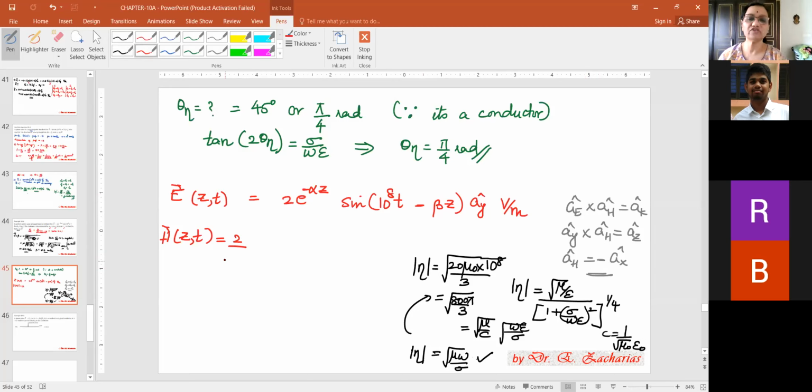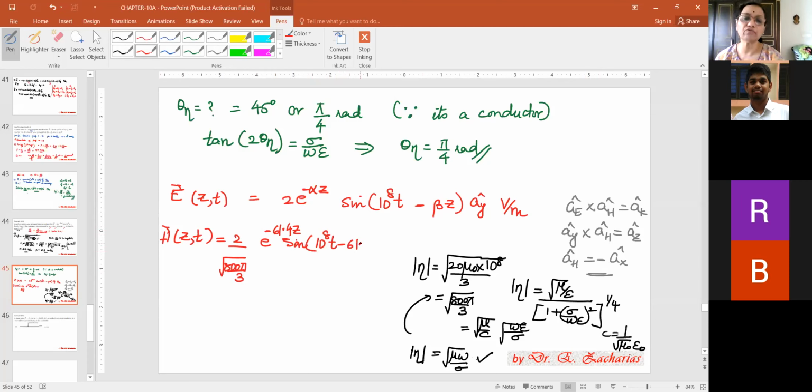So instead of modulus eta, I will write under root of 800 pi by 3, and then e to the power of minus alpha z. I already found out alpha. Alpha was 61.4, so minus 61.4 z, and then it's a sine function of 10 to the power of 8t minus, I already found out beta also.